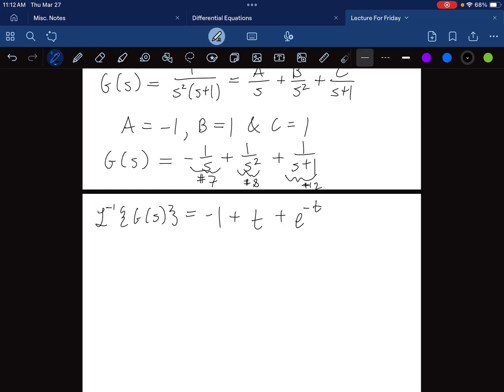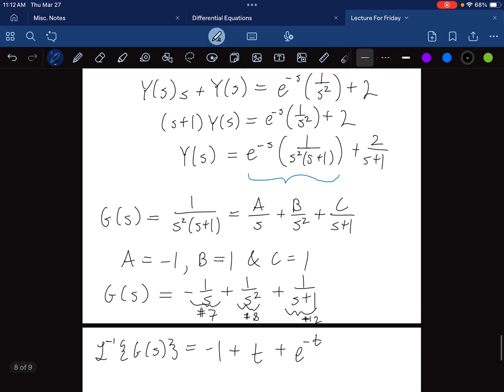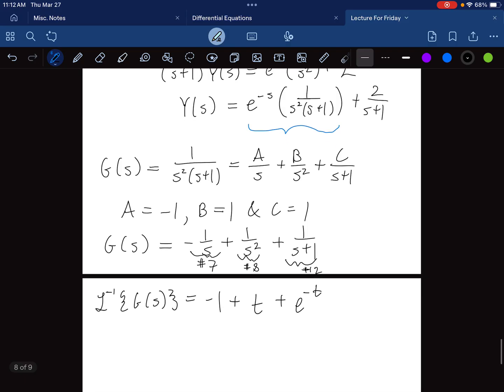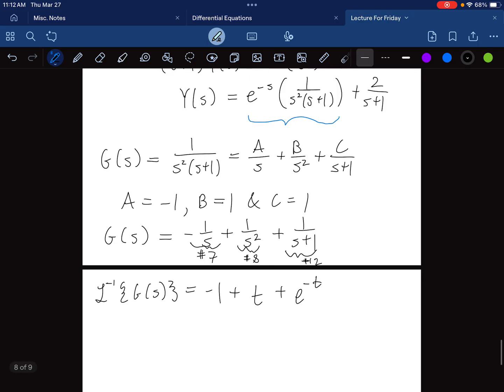And so, with the inverse Laplace transform of this capital G of s, going back to our capital Y of s, if we take the inverse of Y of s, this is going to equal, for this first term, we're going to have to use table entry number 5.